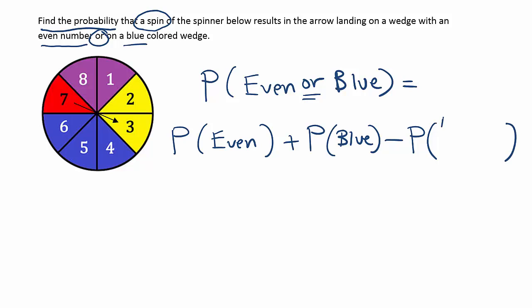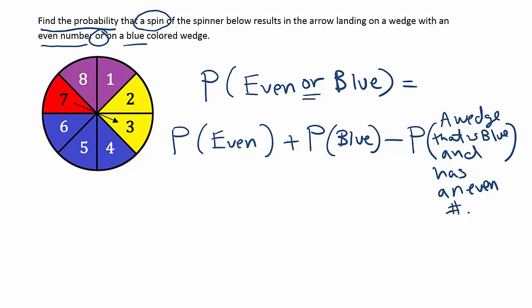Well, that would be a wedge that is blue and has an even number. I like to write that out because the concept of intersection sometimes is a little bit abstract until you actually put it in words. So what does it mean to do both things at the same time? It's a blue wedge that has an even number on it.